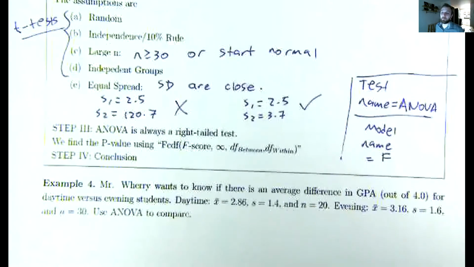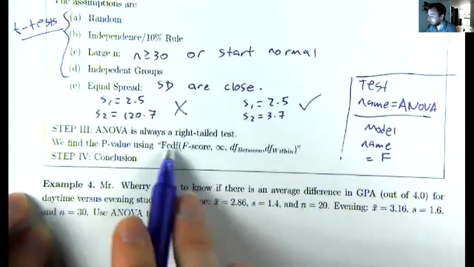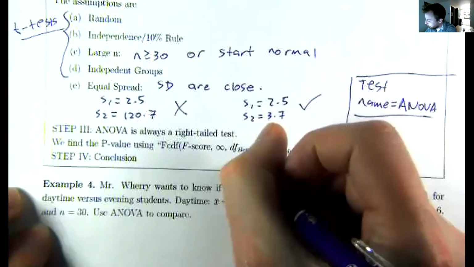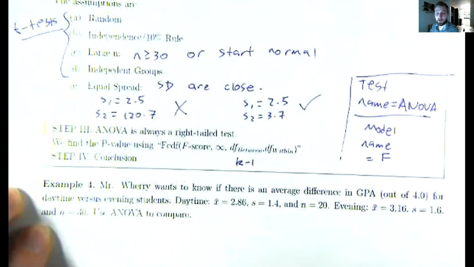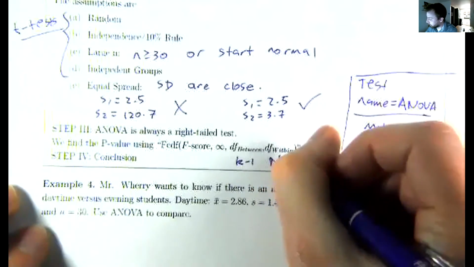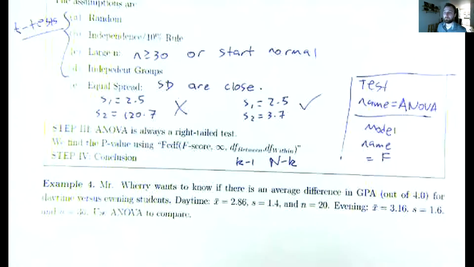If I ask you for the name of the test, you say, well, I'm doing an ANOVA test, an analysis of variation. I do this ANOVA test by using FCDF, my F score, infinity, my degrees of freedom between the groups, that's k minus 1, and the degrees of freedom within the group, that's the total number of terms minus k.